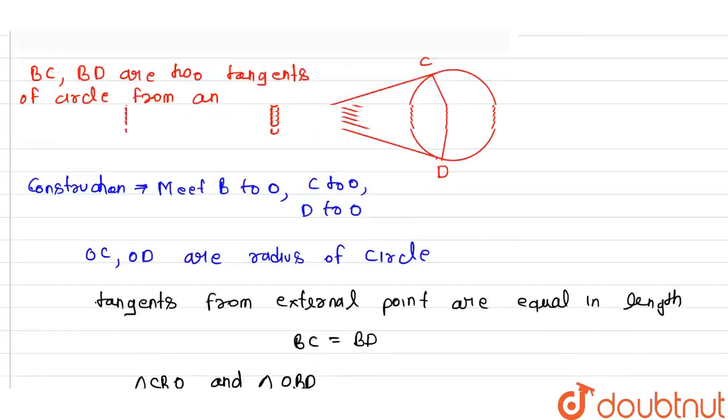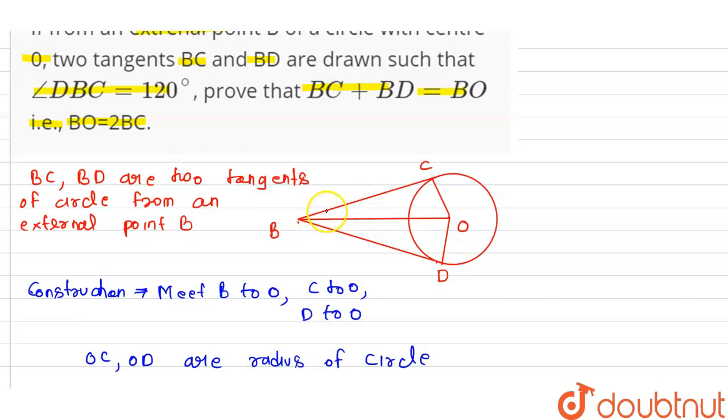So the value of angle CBO is 60 degrees. Now we will discuss another property of the circle: if we draw a tangent to a circle at any point, the tangent is perpendicular to the radius at the point of contact.